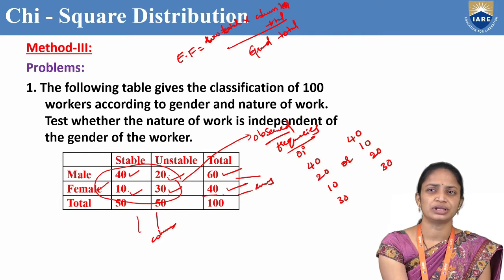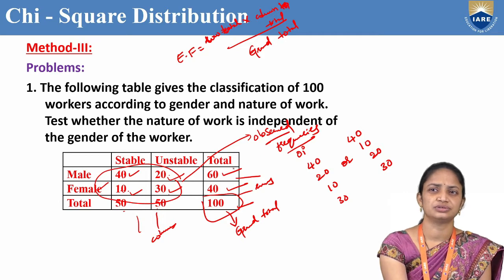So the grand total is 60 plus 40 is 100, and 50 plus 50 is 100. This is called the grand total. These two are row totals, and these two come under column totals.